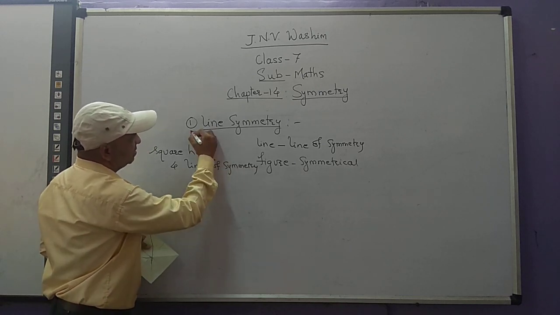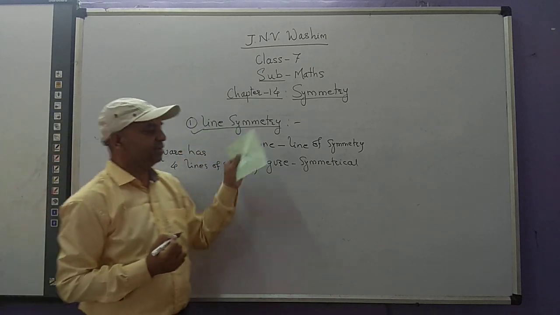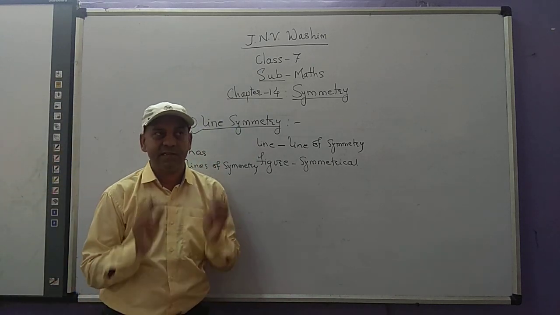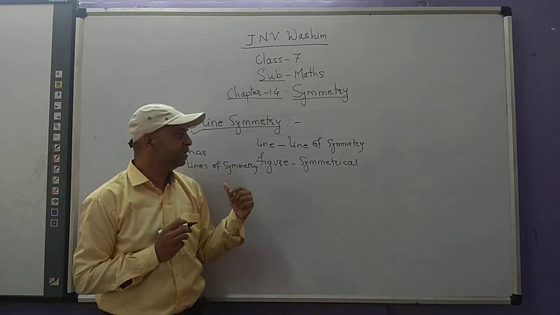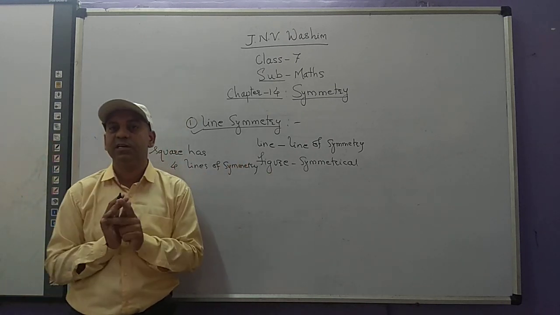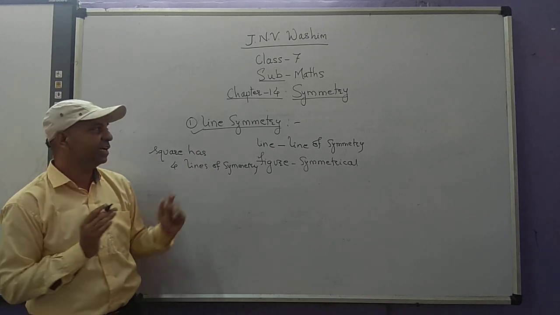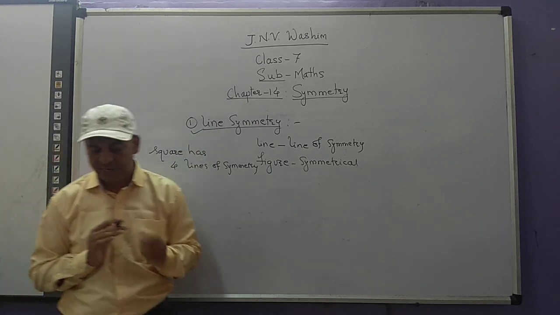So what do you mean by line symmetry? Line symmetry means if there is a line about which the figure may be folded, then the two parts of the figure coincide with each other. It is called line symmetry.